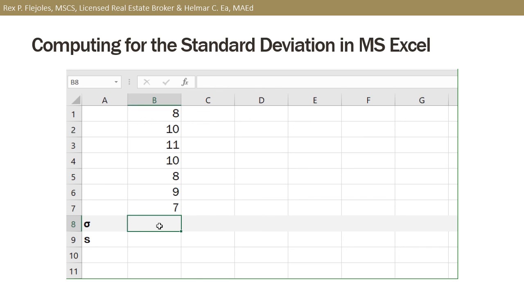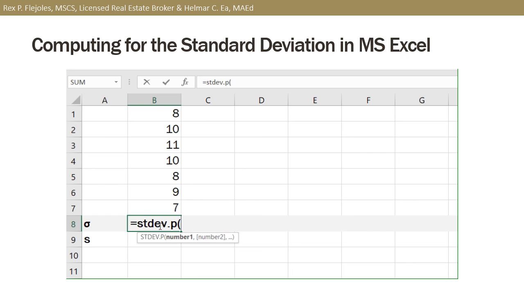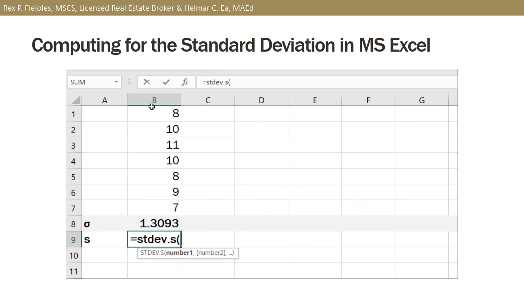So for the population, we make use of the stdev.p function for the population involving a population dataset. While for the sample, we make use of the stdev.s. So it is a standard deviation from a sample dataset.